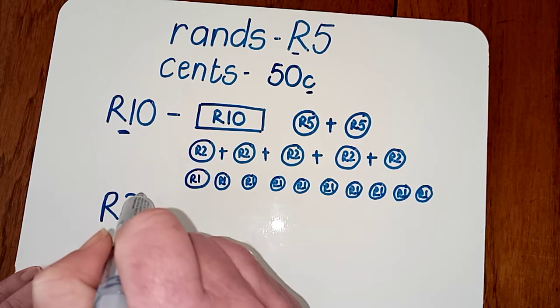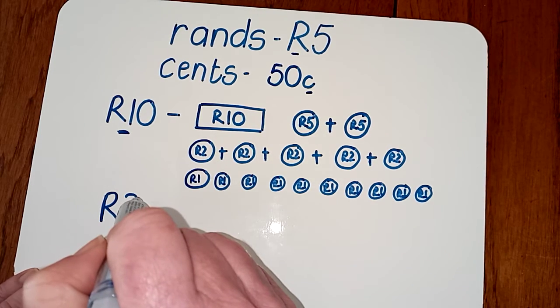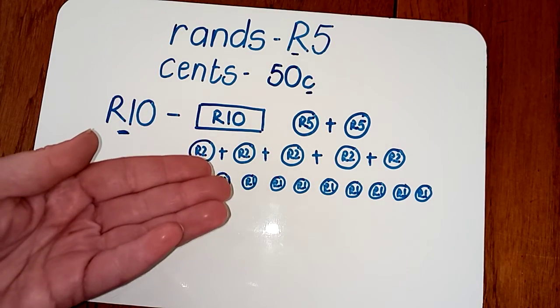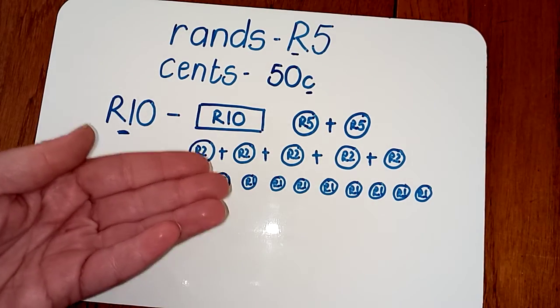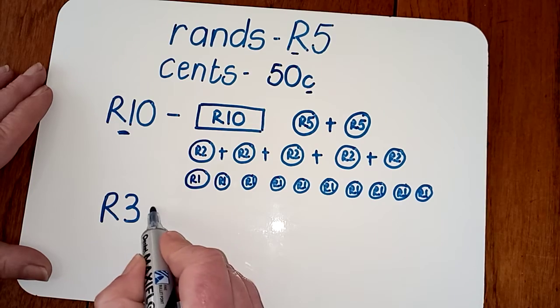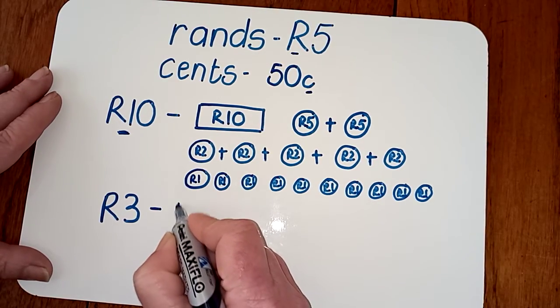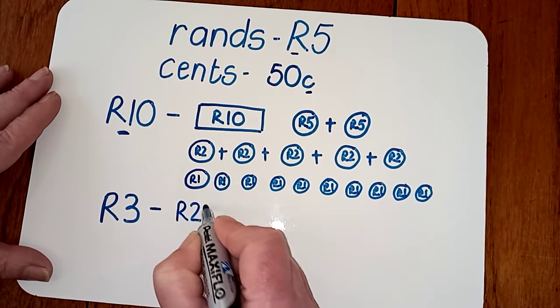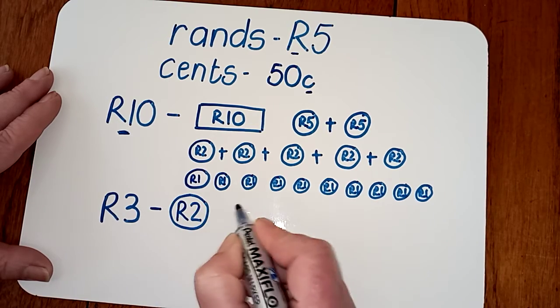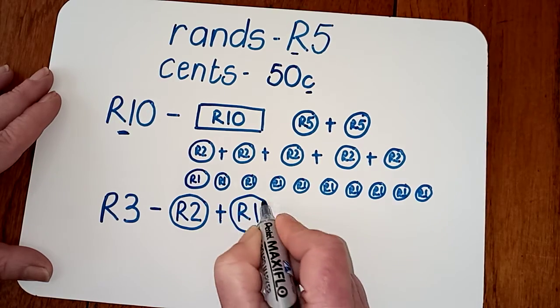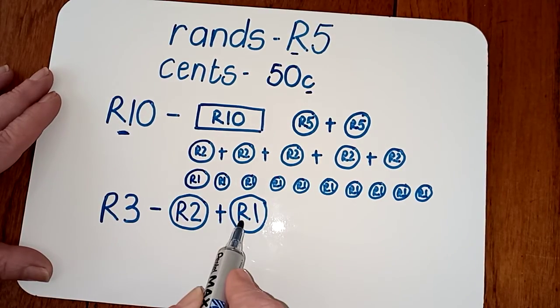We're going to look at prices of things which you can have, but what South African money will you have in your hand? So if I had 3 rand in my hand, I could have a 2 rand and a 1 rand. And there I would have 3 rand.